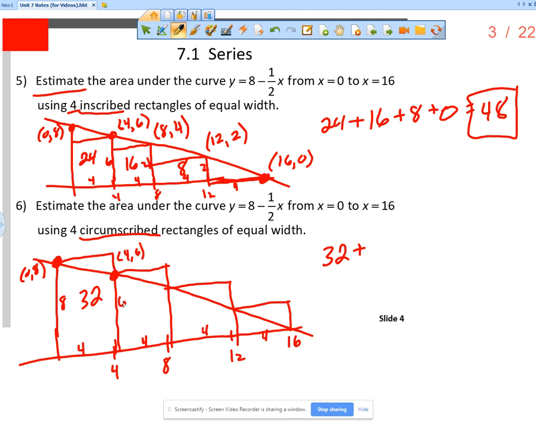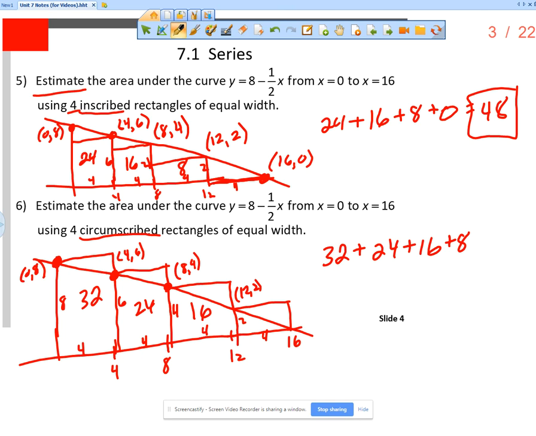So now it's 6 tall, 4 wide, so this area is 24. The next one, we've already figured that out. 8 comma 4. So it is 4 tall, 4 wide, so 16 in area. So 32 plus 24 plus 16. And then this last one, 4 wide, but how tall is it? Well, this point is 12 comma 2, so it's 2 tall, so 4 times 2 is 8.